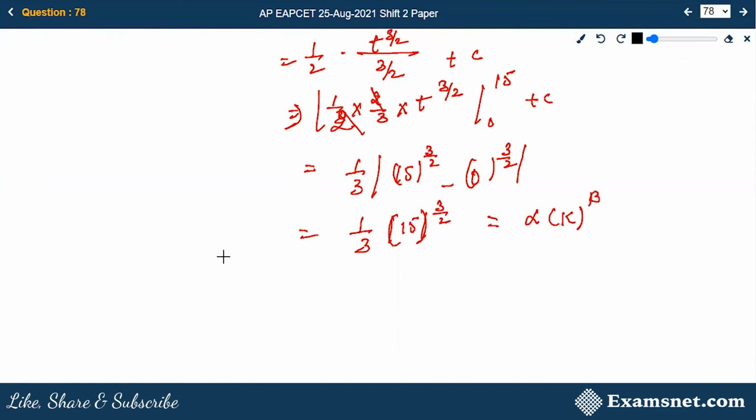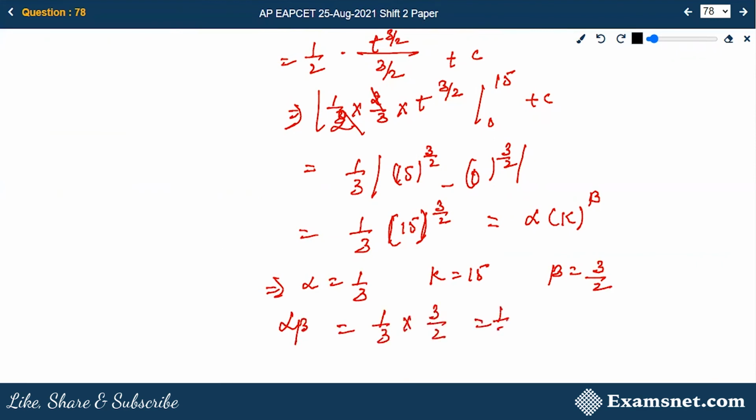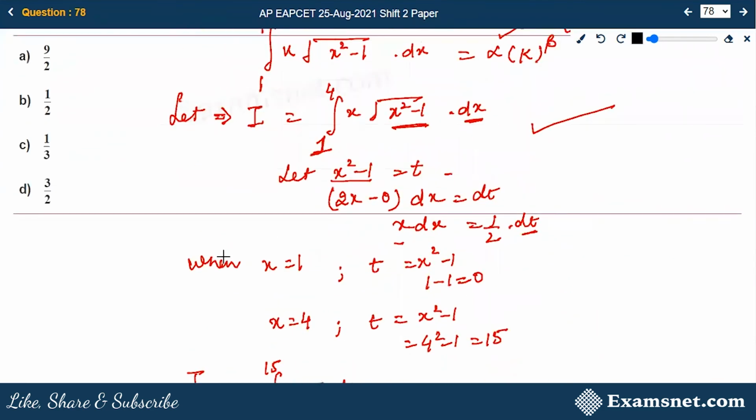Equating all of them, alpha is 1 by 3, k is 15, and beta is 3 by 2. You have to find out alpha into beta, that means 1 by 3 into 3 by 2, which is equal to 1 by 2. So this is your answer. Let's check which of the options is correct. Option B is the correct one.